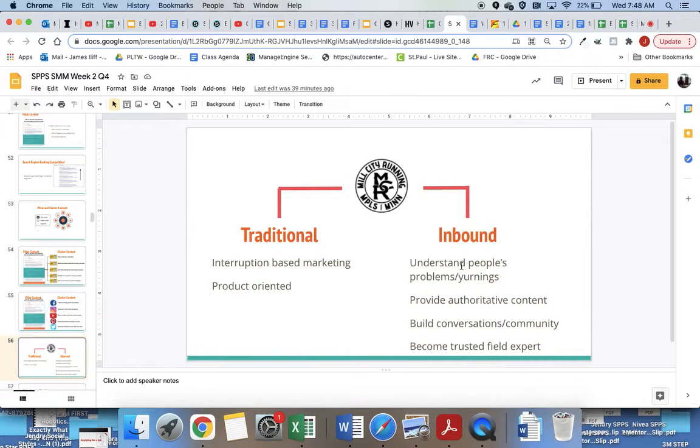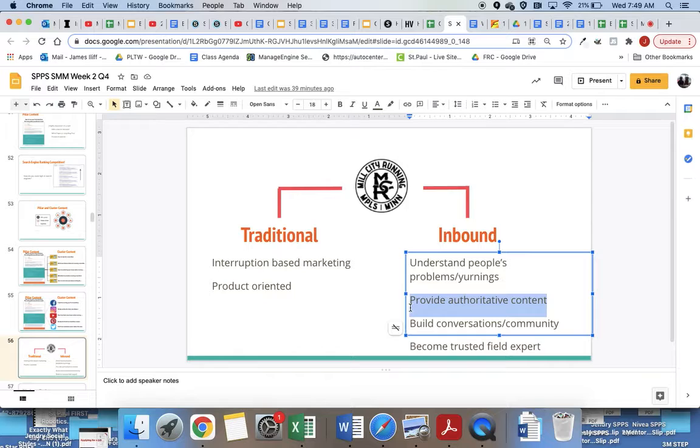Inbound marketing, you're understanding people's problems and their yearnings and what they're searching for and trying to answer. You really try to understand that through the buyer persona, through other surveys, through knowing your customers on a deep level. You provide authoritative content to help solve their problems. So when they're out searching for how my knee hurts when I'm running, if you have content that shows them how to solve that problem, all of a sudden you become the expert.